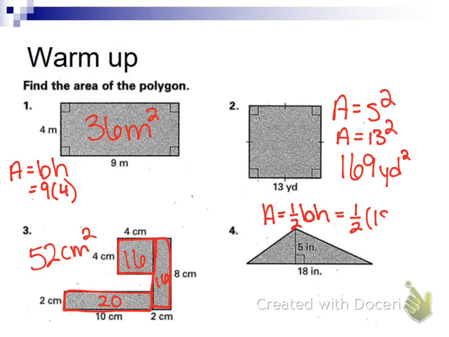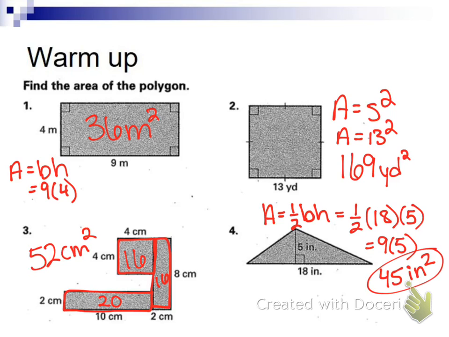So we've got 1/2 times 18 times 5. You can take half of 18, or you can multiply 18 times 5 first, and then take half of that. Half of 18 is 9. 9 times 5. 45. My units? Squared. It's area. Anytime we find area, our units should be squared.